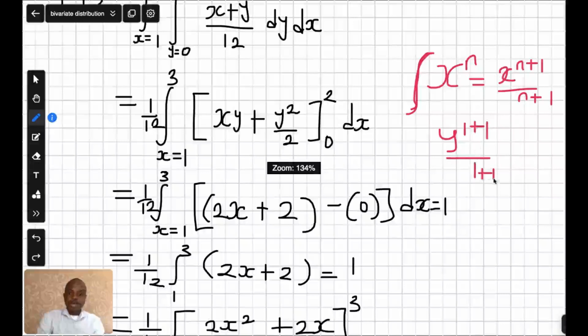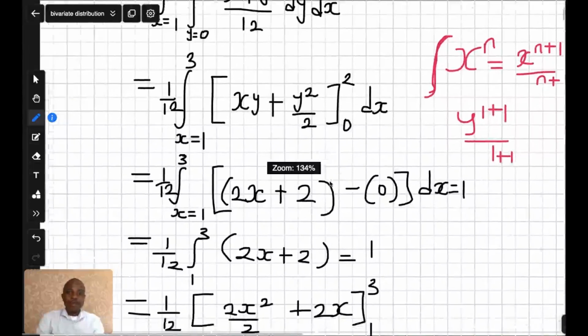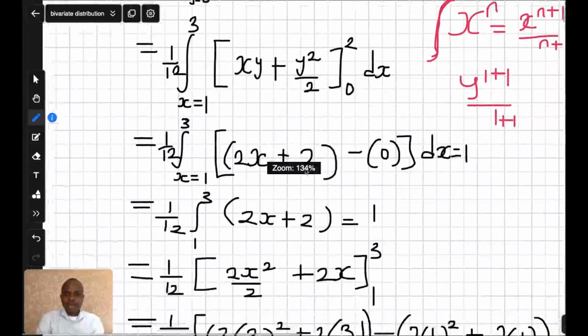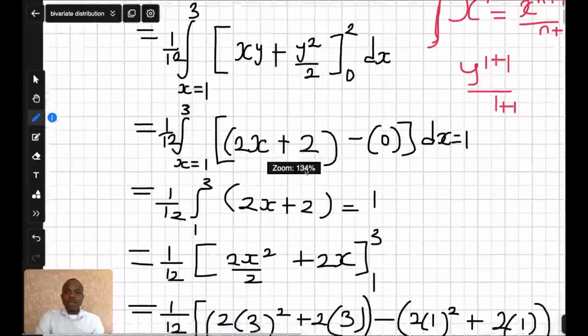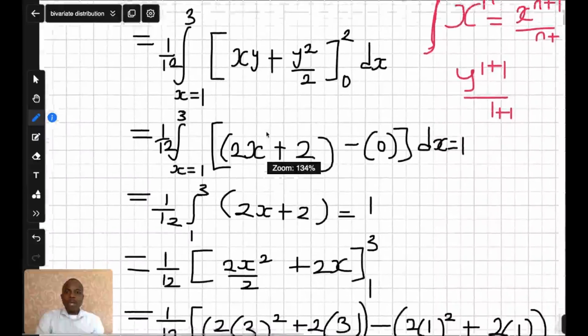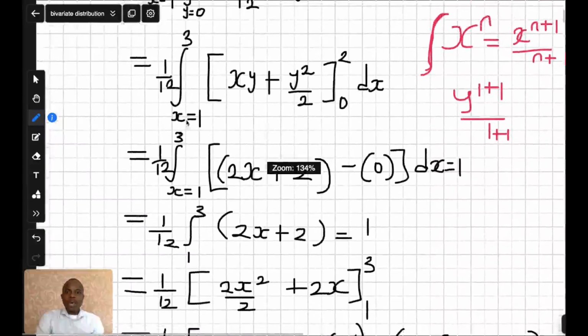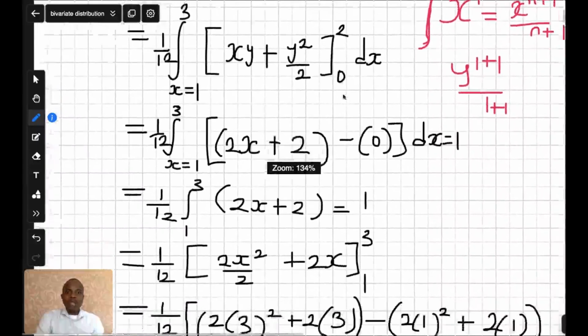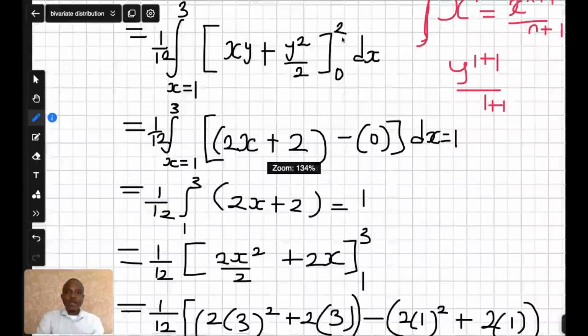All right, so that gave me what I'm looking for, and that way we are done. But then because we have a range of values for y, that's 2 and 0, we substitute the values that we have here for y. The first time we substitute 2. So 2 times x gives us 2x, and then we put 2 raised to the power of 2.